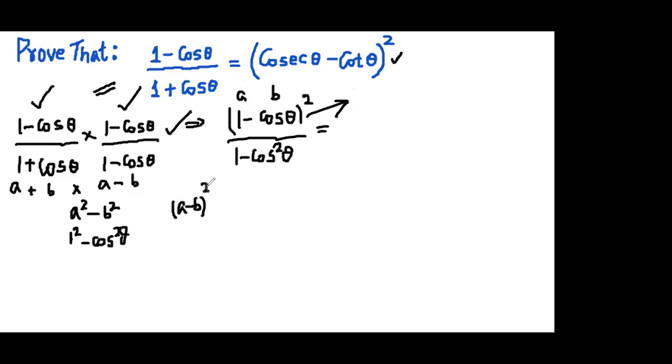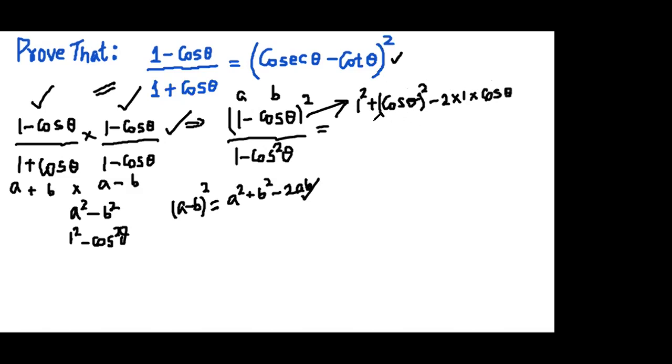It's equal to a square plus b square minus 2ab. So just expand the numerator by this formula. So a square means 1 square, b square will be cos square theta, minus 2ab means minus 2 into a into b, and b is cos theta.